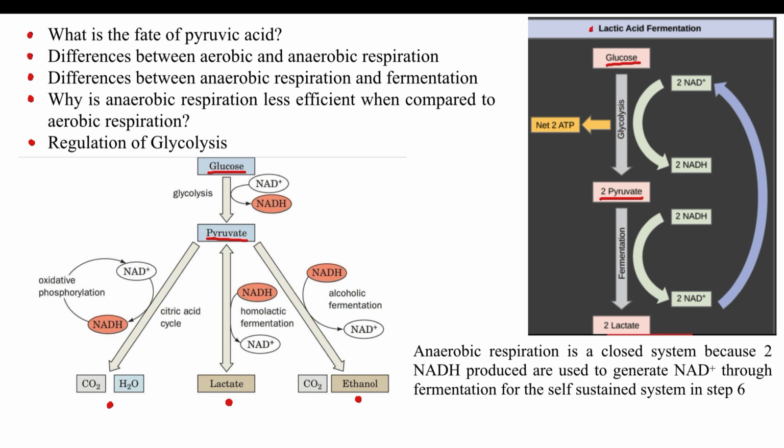And if we look at these anaerobic processes, we can see that NADH is converted into NAD. That is, one is the reduced form, the other is the oxidized form. So pyruvate will give you lactate, and it will also lead to the oxidized form of NAD. Even ethanol will lead to that kind of process.